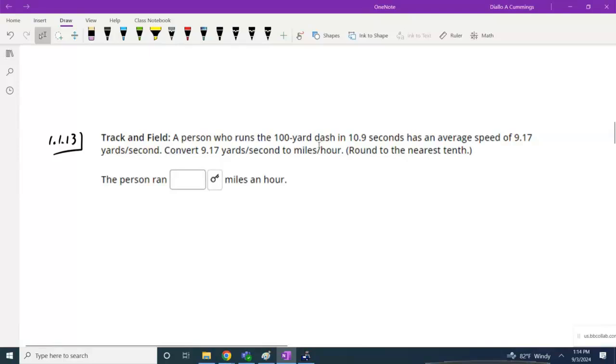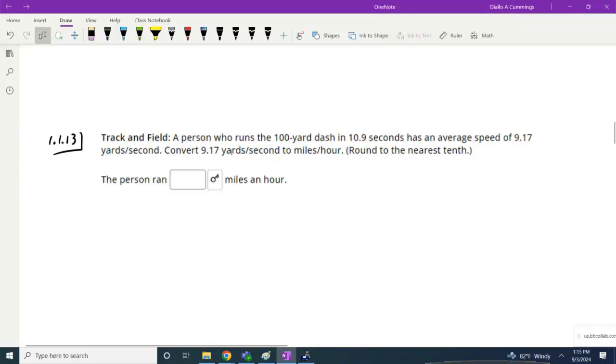They're giving you a lot of numbers here, but if you were to actually take the 100 and divide it by 10.9, that would give you the 9.17 yards per second. We're asked to convert 9.17 yards per second to miles per hour.